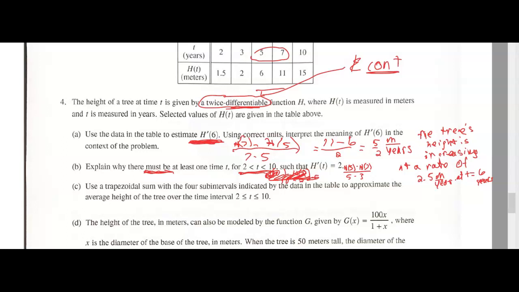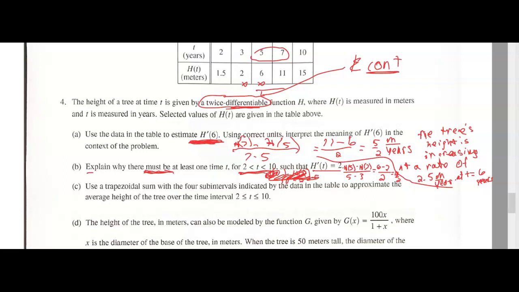So we're using this guy and this guy. What we would get is 6 minus 2, all divided by 5 minus 3. And notice how you're going to get 4 over 2 here. Since our average rate of change between 5 and 3 has an average rate of 2, that guarantees that our instantaneous rate of change would equal 2.